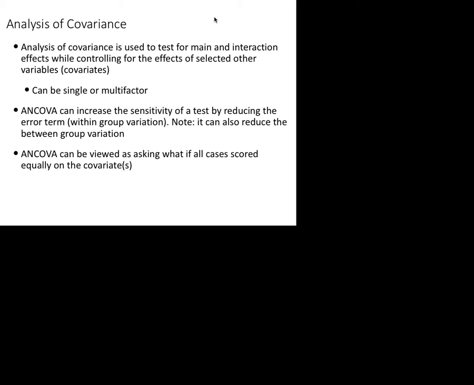This would be the bad sums of squares because it's the variation within each of your groups. We can reduce that. But it comes at a cost, and it can, in some cases, depending on the set of covariates in the situation, also reduce the between group variation.